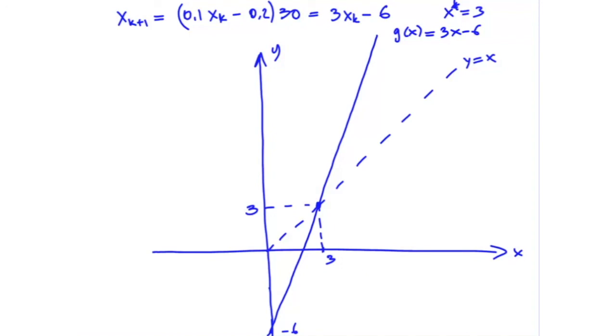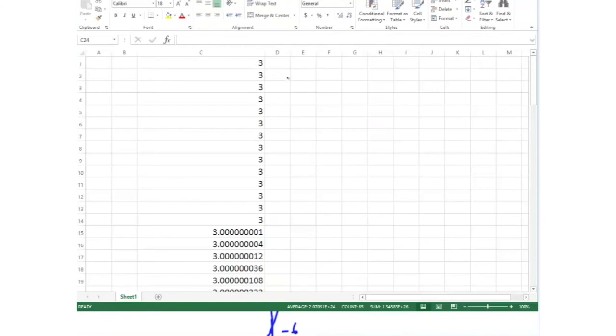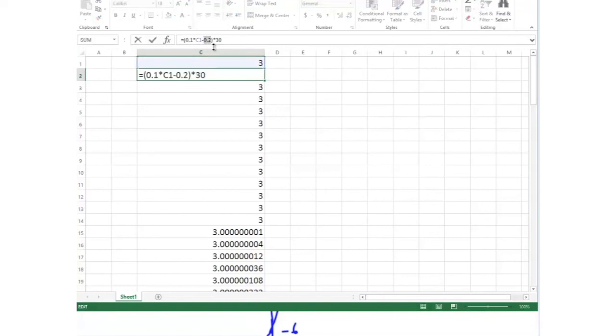All right, we actually started at point 3, and if the computations were precise, we would always stay at point 3, right? But because of the way we represent things on the computer, numbers are usually represented in binary form, and for example, a decimal like 0.2 doesn't have an exact finite representation in the binary format.